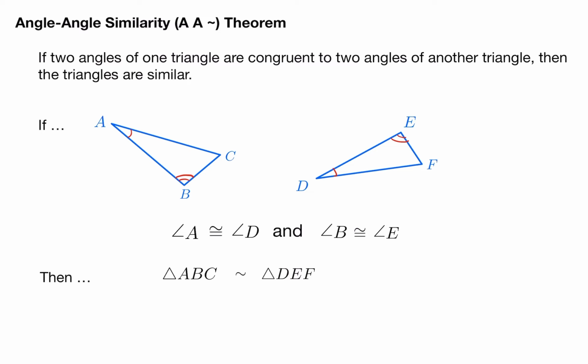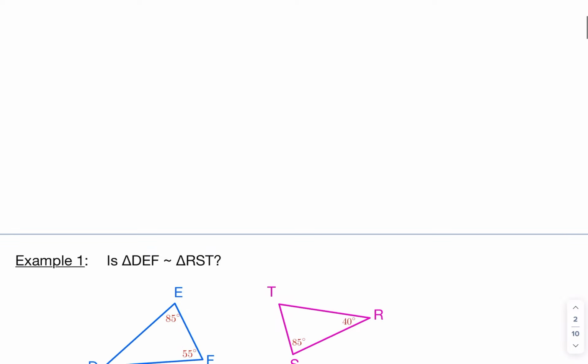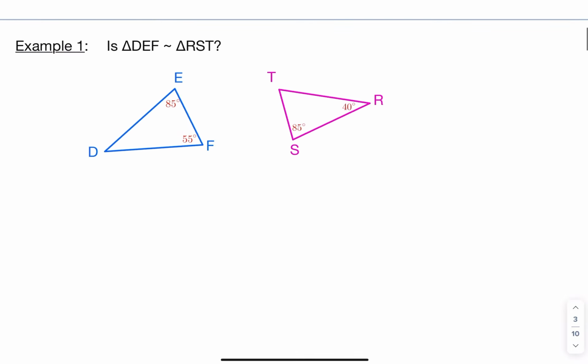So let's take a look at an example to demonstrate this theorem. So here we have two triangles, triangle DEF and RST. And the question is, are these triangles similar? Well, according to the angle-angle similarity theorem, we would need to find two sets of angles that are equal to each other.